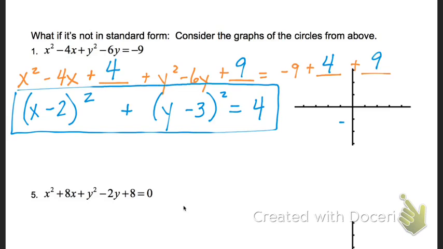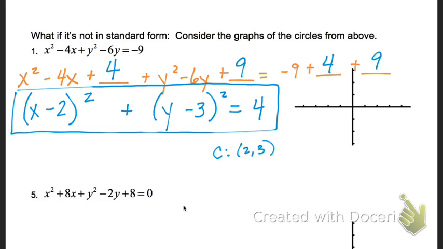Will we ever have to pull out a negative or something, or have to pull out a 2? Yeah, there will be some where you'll have to pull out a coefficient, and we'll do one like that. So, if I were to graph this, my center would be where? 2, 3. Okay, so put your center at (2, 3).